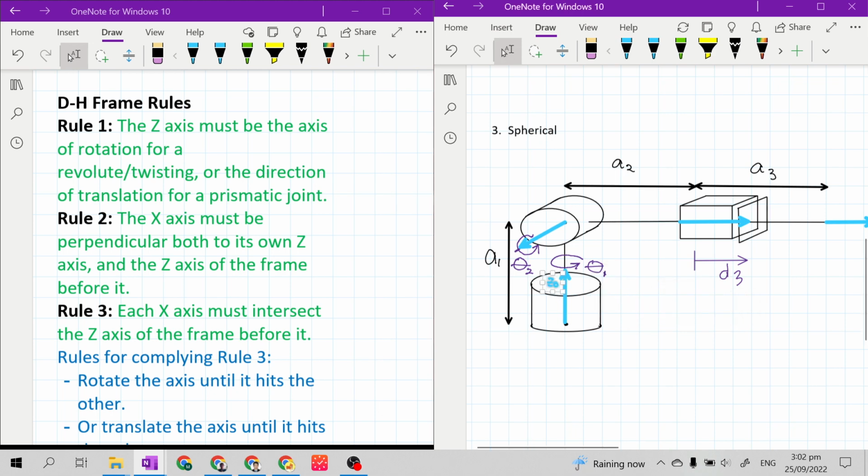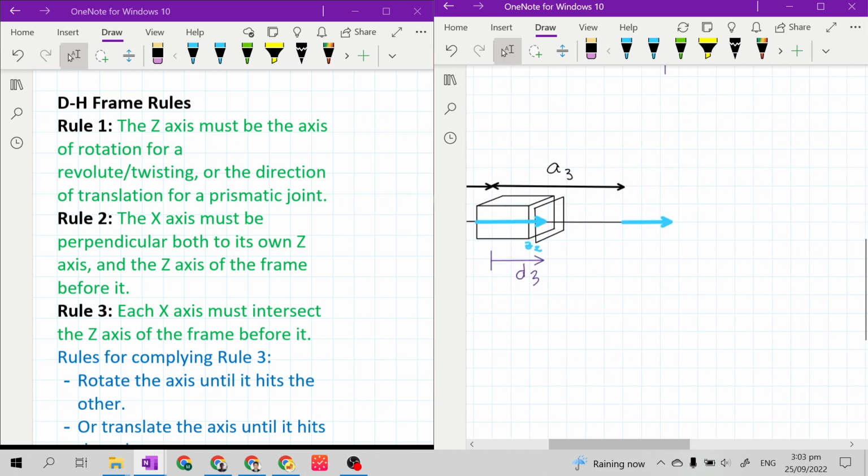Let's put it here: z0, z1 here, okay, z2, then z3.